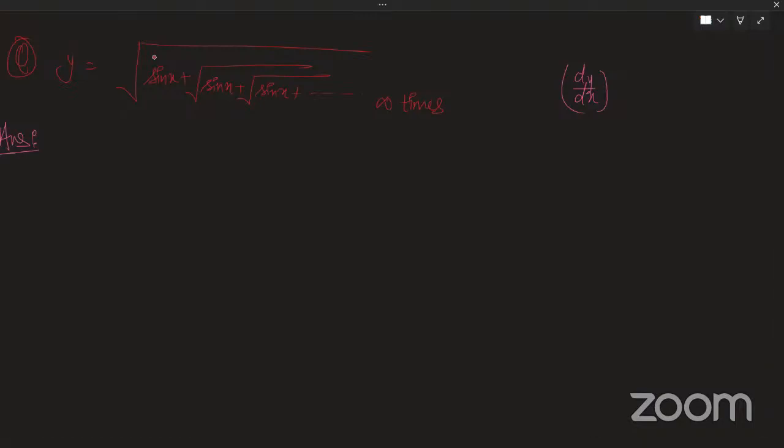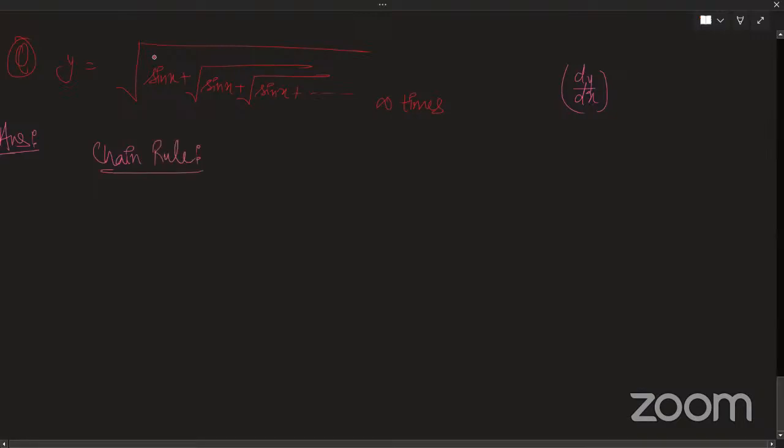Fine. How would we do it? You have the square root infinitely many times. So obviously, if you try differentiating it with the chain rule, what will happen? You will need a chain that's infinitely long. You just keep on inserting functions inside each other infinite times.